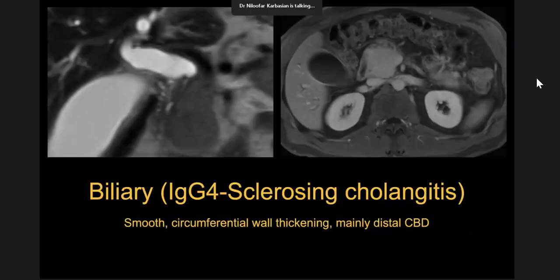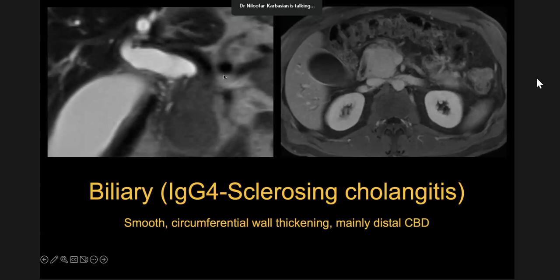In the biliary system, the classic presentation is a long segment stricture of the distal CBD. You can see in this example, the distal CBD, or the intrapancreatic portion of the CBD, has this circumferential T2 hypointense thickening with diffuse enhancement on the post-contrast axial.